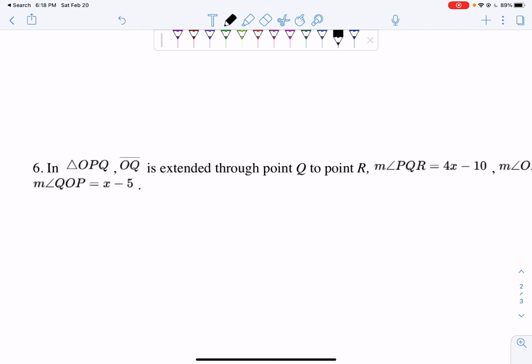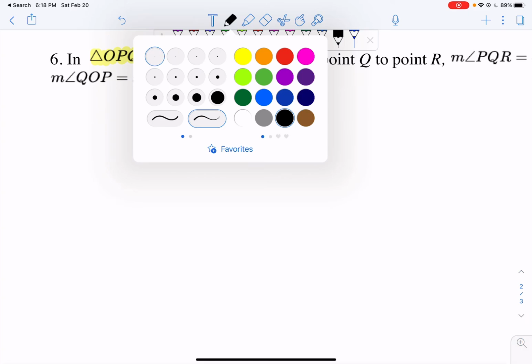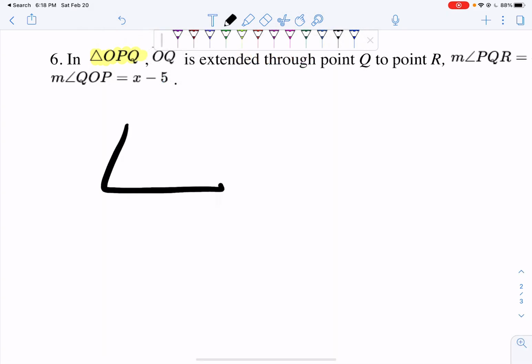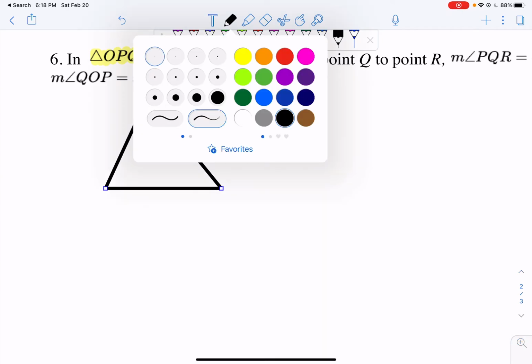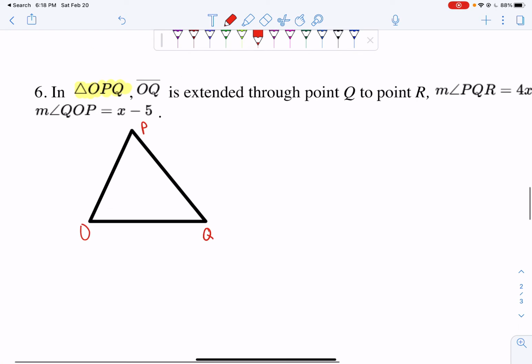So, one more time. In triangle OPQ, the first thing I'm going to do is draw triangle OPQ. I typically write them like this. I always start from the left and then go around.